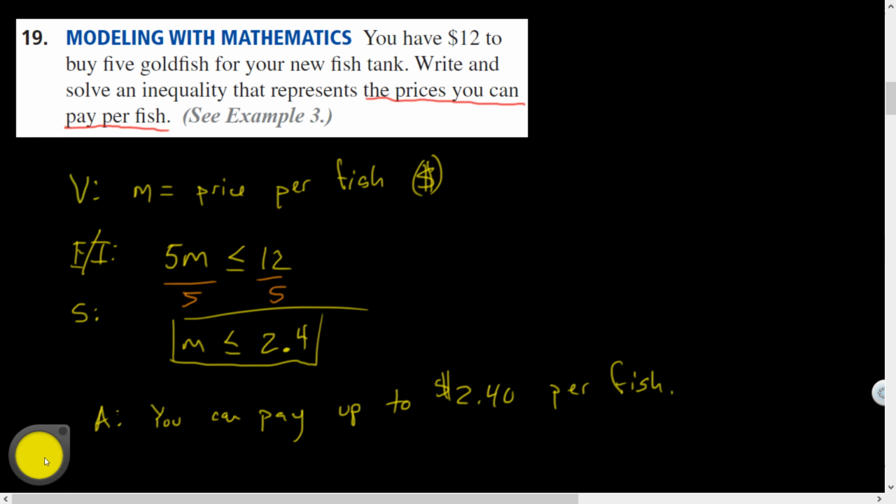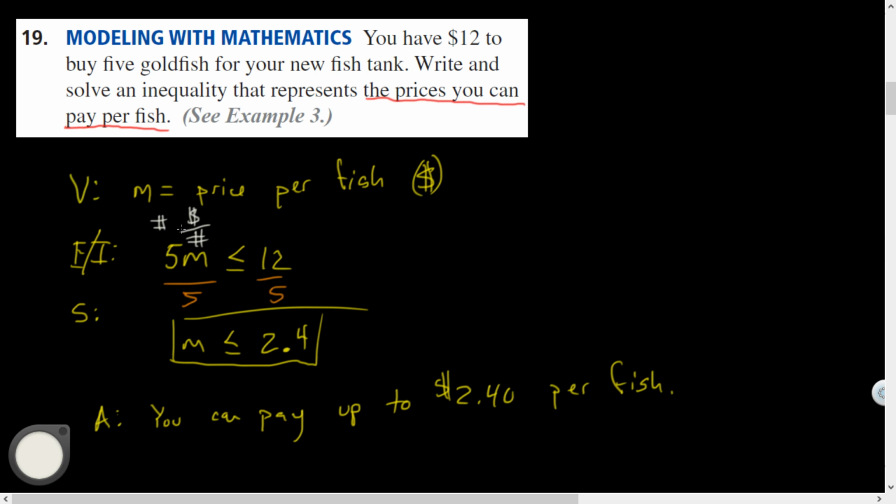Okay, per fish. I want to just do a quick dimensional analysis here for us. The 5 was the number of fish, goldfish. The M was in price per fish. So that's dollars per fish.